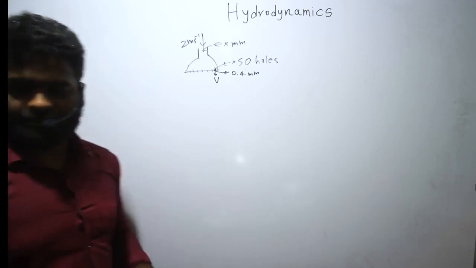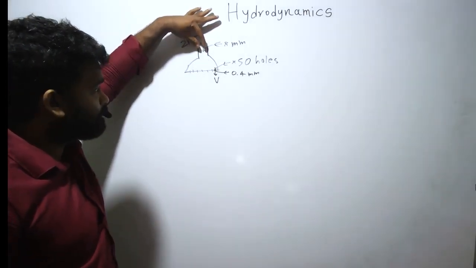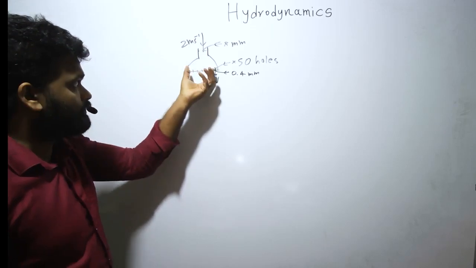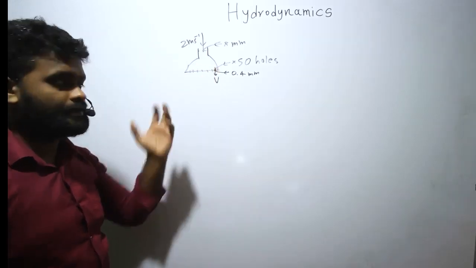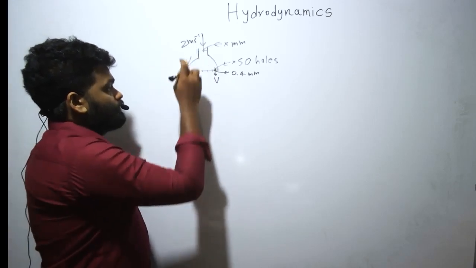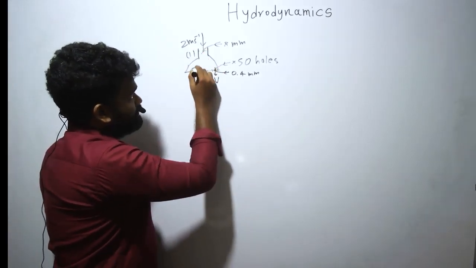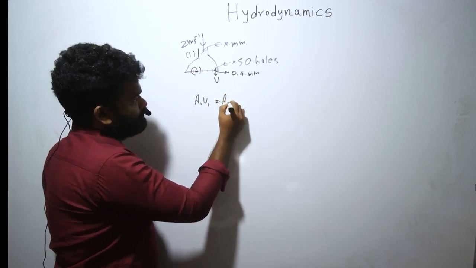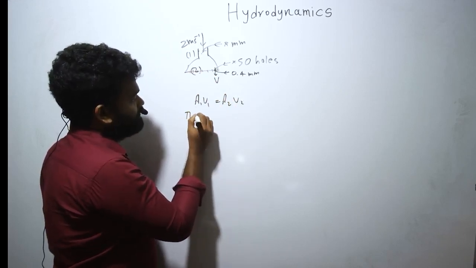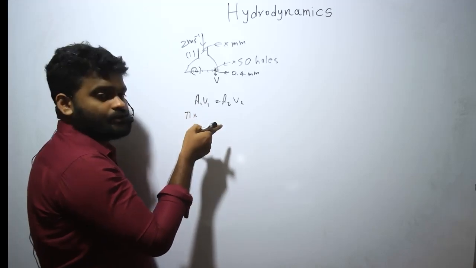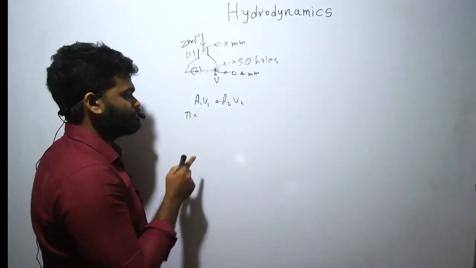For this one as well, the flow rate through this pipe is equal to the total water flow through all these holes. So how do you write that? A1 V1 is equal to A2 V2. Here A1 is just pi, 8 squared, times velocity 2. You don't have to convert units because millimeters will cancel off.